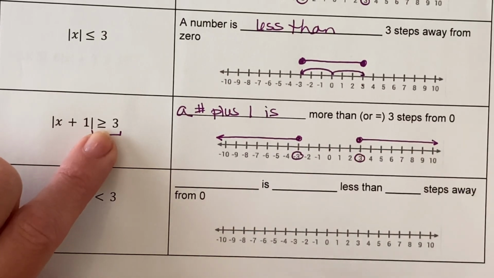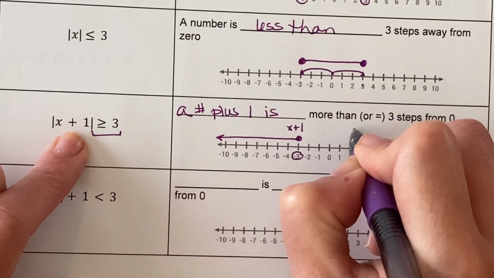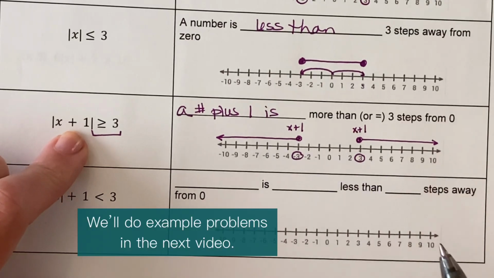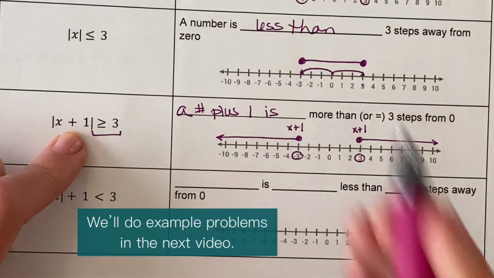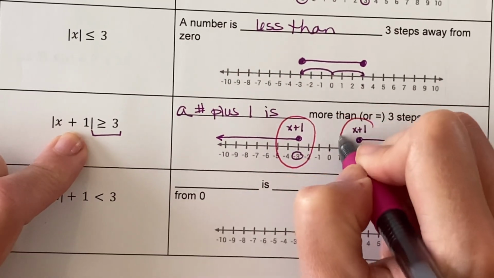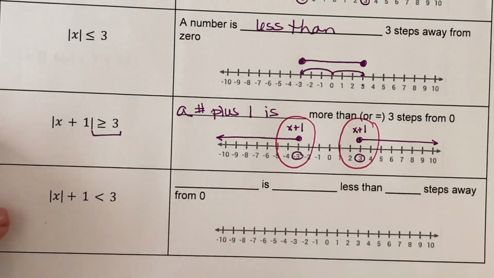And what I would do is I would say, well, I have a number plus 1 and I have a number plus 1. And our next step, which we'll do in our practice problems, is we will actually create two inequalities. We'll create this inequality from our picture, we'll create this inequality from our picture, and we'll go ahead and solve it.